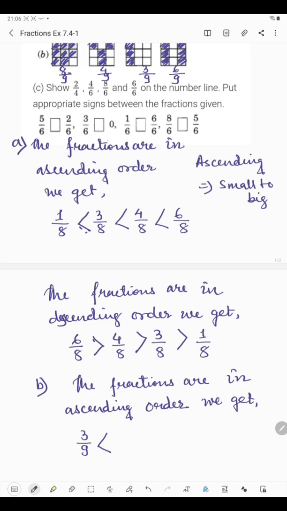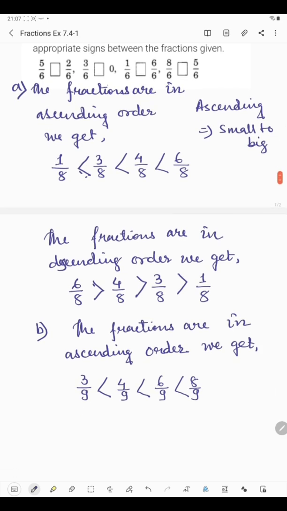After 3 by 9 we will have to put smaller than sign, because 3 by 9 is smaller than 4 by 9. Okay. Then 4 by 9 is smaller than 6 by 9. And 6 by 9 is smaller than 8 by 9. 8 by 9 is bigger, so we will write at last. Okay. So these are the fractions in ascending order.